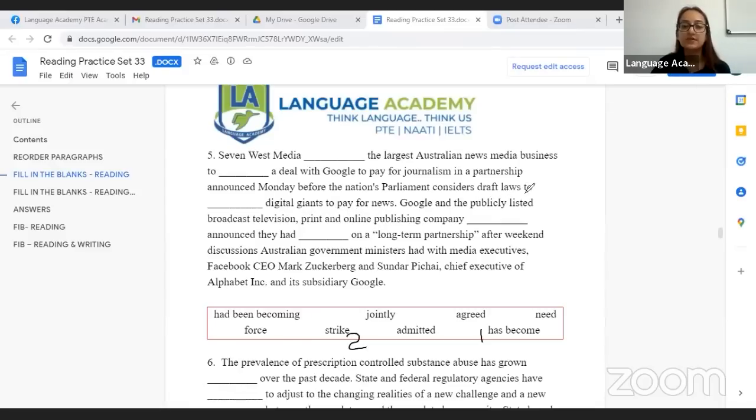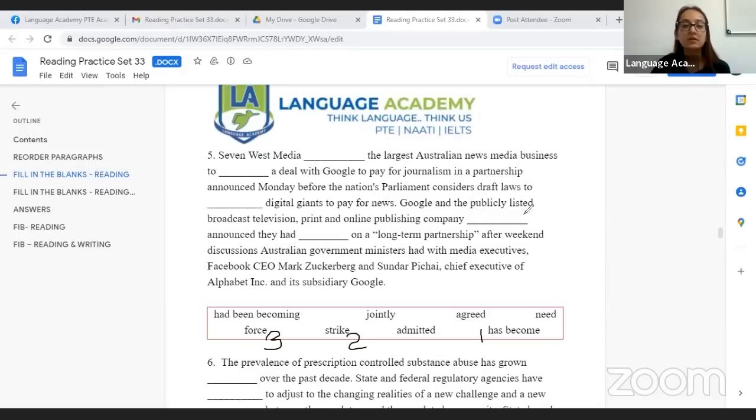So we do comes first form of verb and we have only two first forms. Draft laws to need digital giants, not to force digital giants, because to need digital giants to pay doesn't make sense. To force them to pay for news.